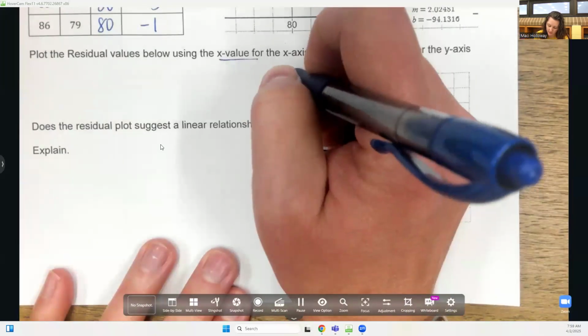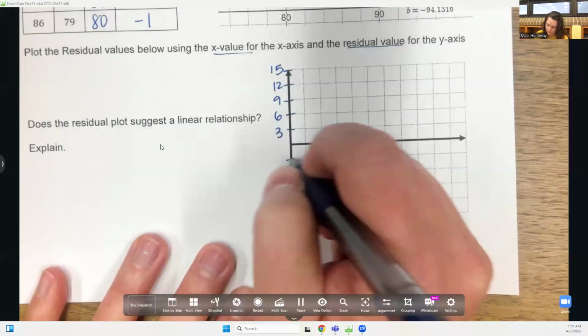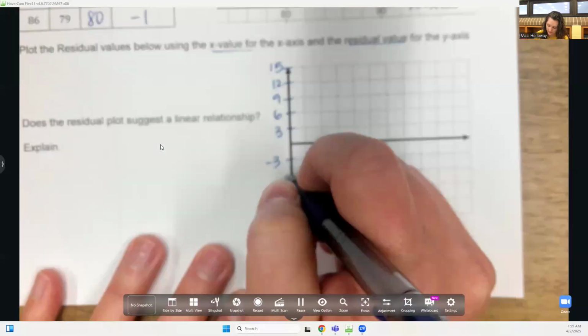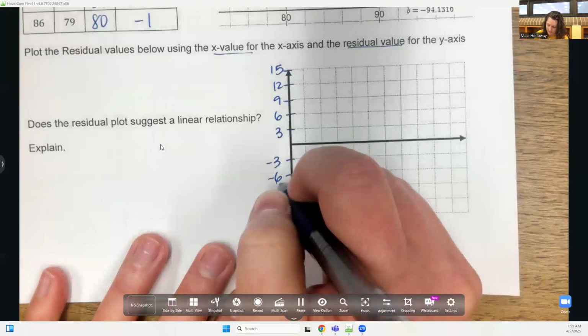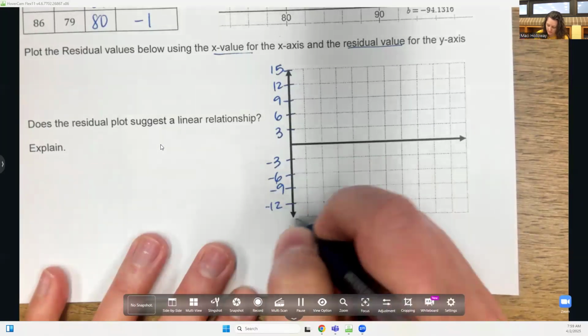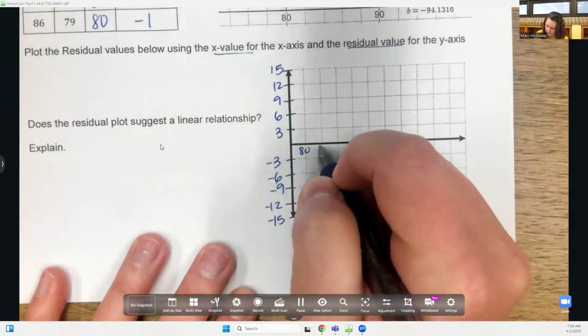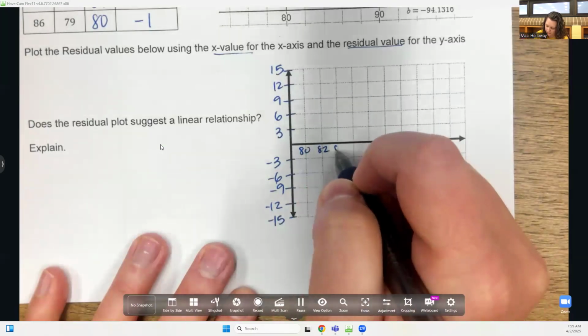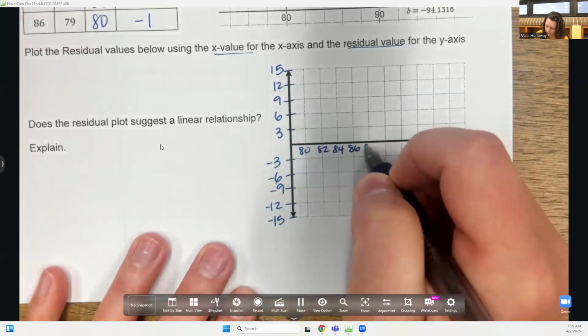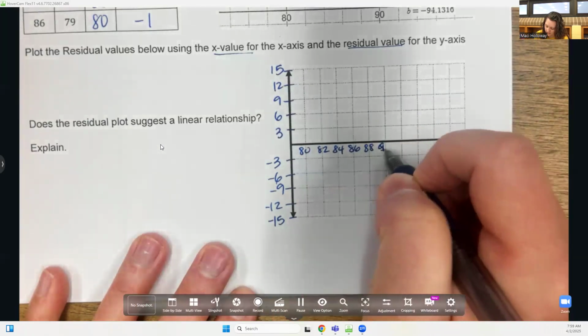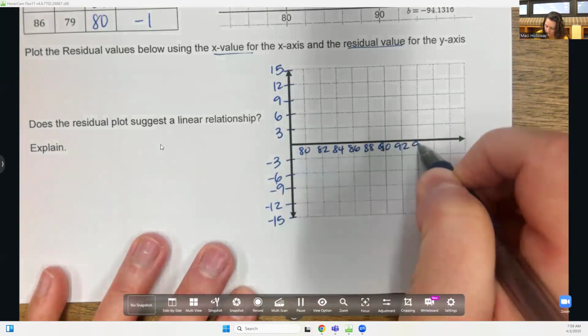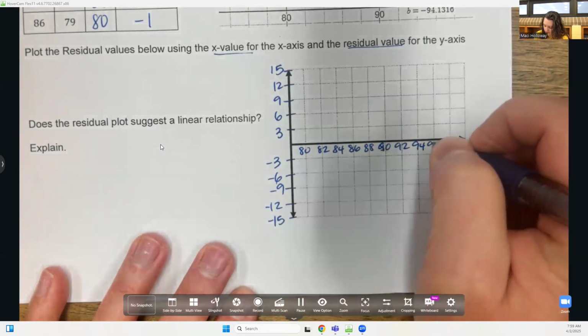I know this one goes a little bit far. Then negative 3, negative 6, negative 9, negative 12, negative 15. And then I counted this by 2s: 82, 84, 86, 88, 90, 92, 94, and 96.